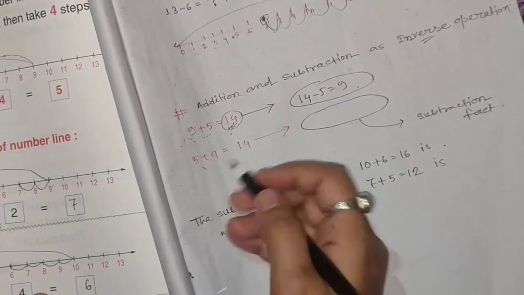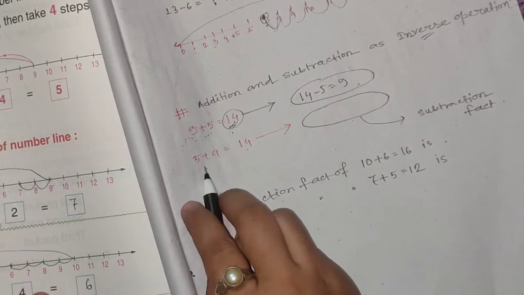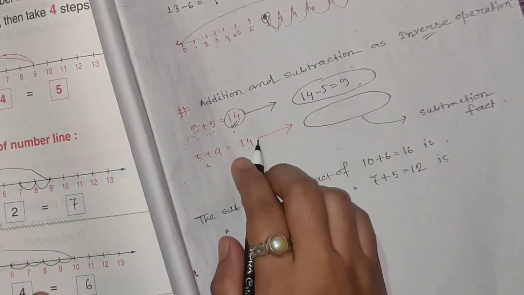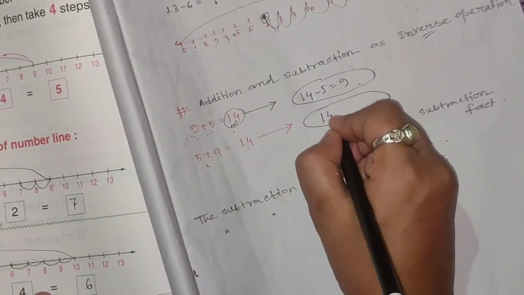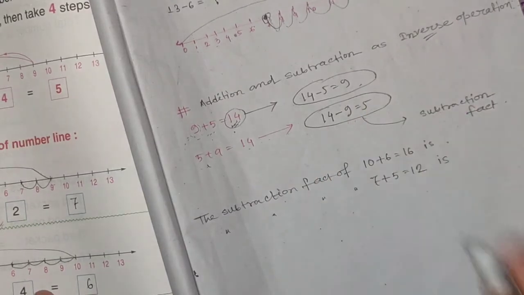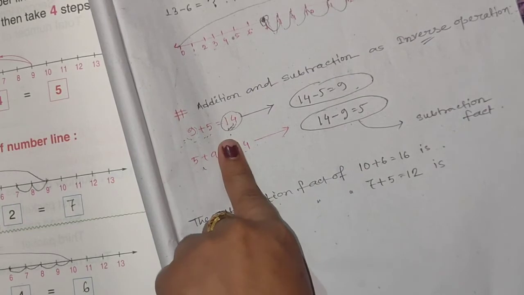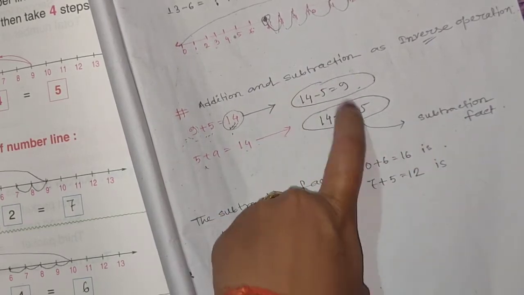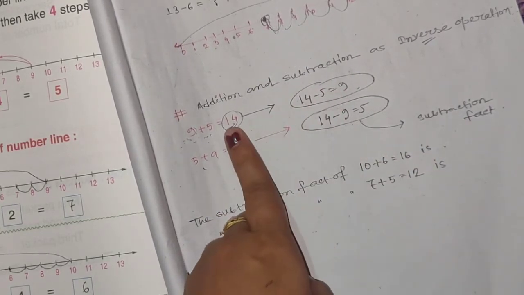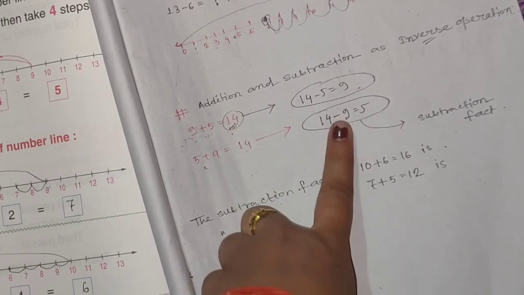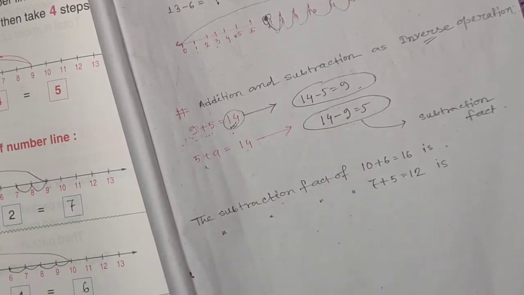Next, 5 plus 9 is 14. So if you subtract any number from this value, we will get the other number, that is 14 minus 9 is 5. And this is called the subtraction fact. This is the addition fact and this is the subtraction fact. So for any addition, there must be a subtraction fact. Okay.